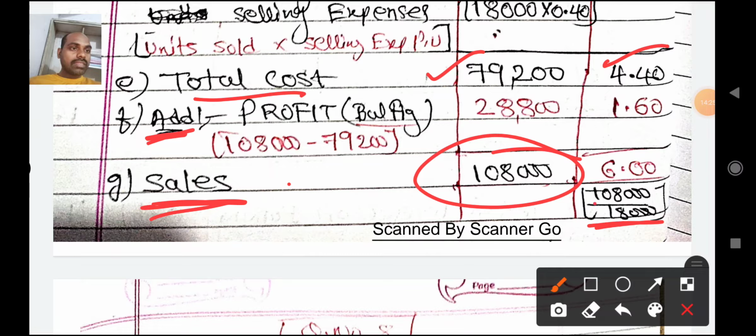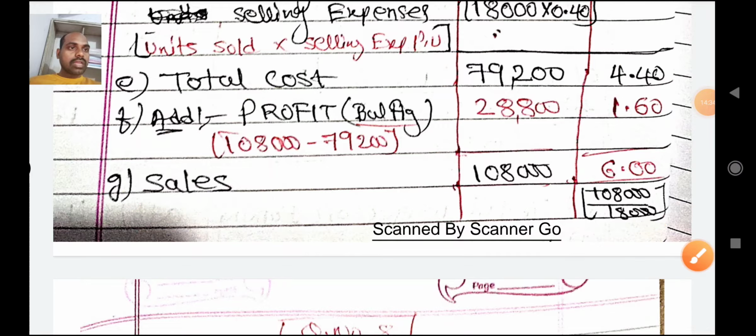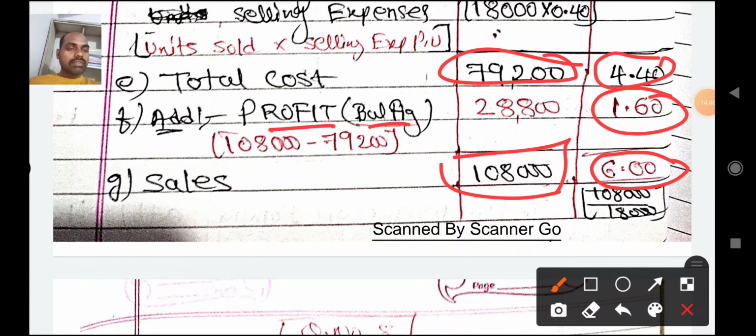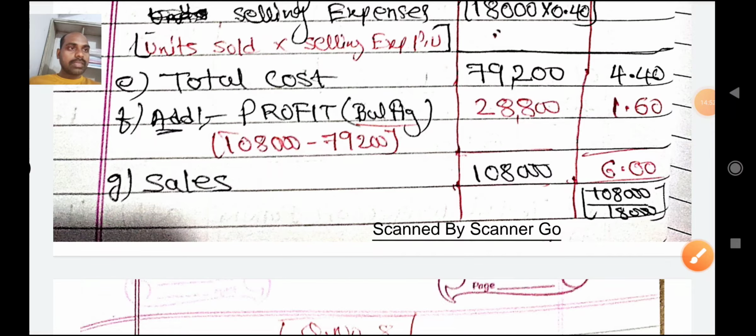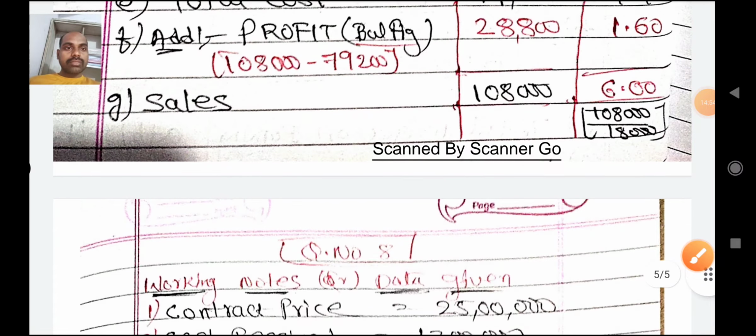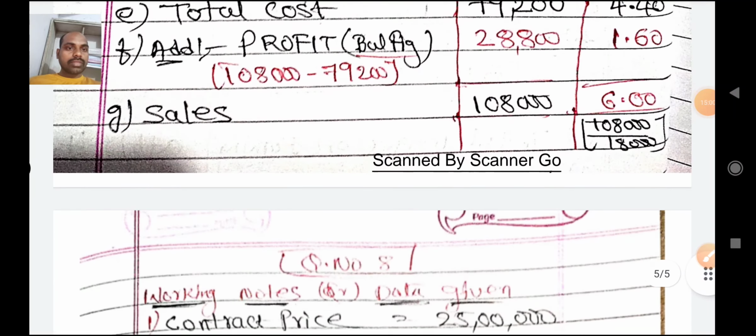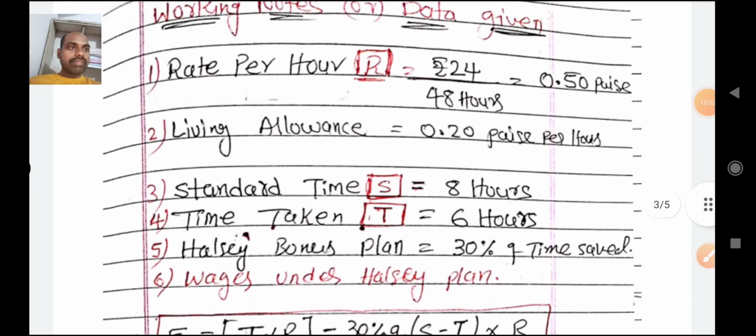So 1,08,000 divided by 18,000, selling price per unit 6 rupees, and your total cost is 4.4. 6 minus 4.4, 1.6, and your profit, balancing figure, your sales 1,08,000 minus 79,200. Here I wrote all those things. So here ends another question relating to unit output costing. Okay, next we are having one more question.